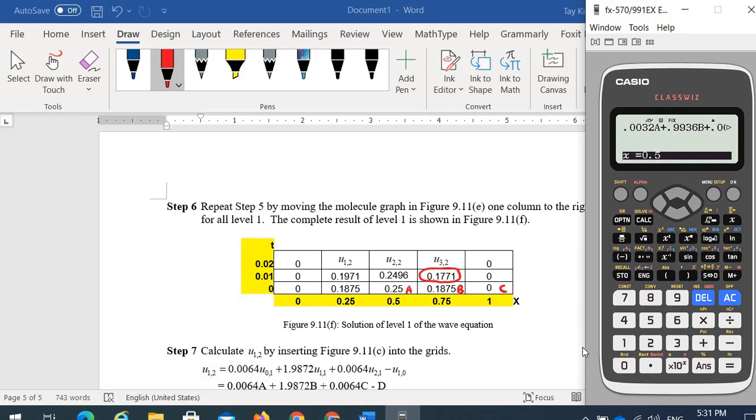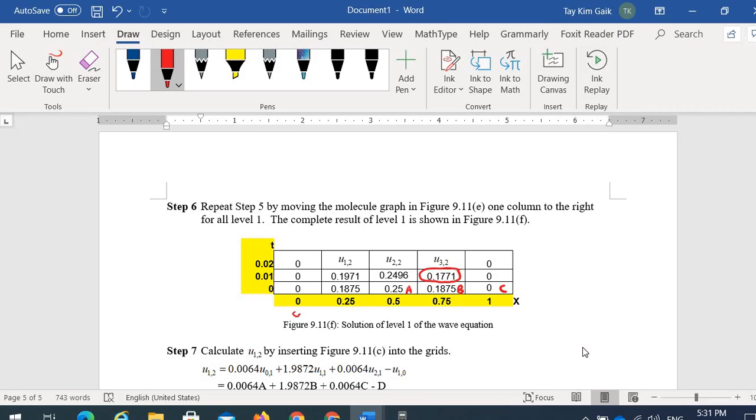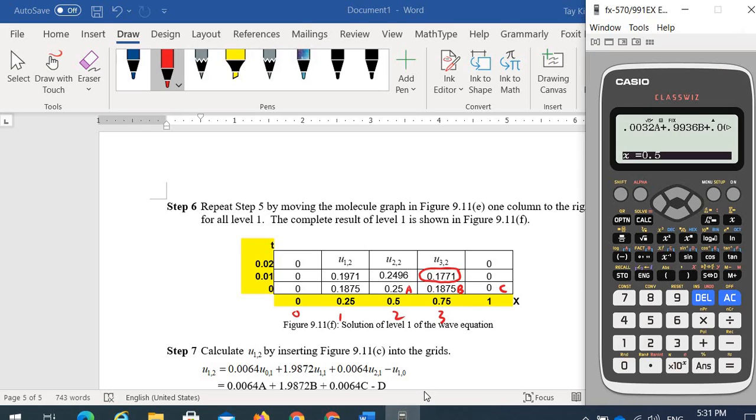We want to calculate U31, where X is 0.75. From 0.5 it moves to 0.75, and we get 0.1771. So now we have level 1.